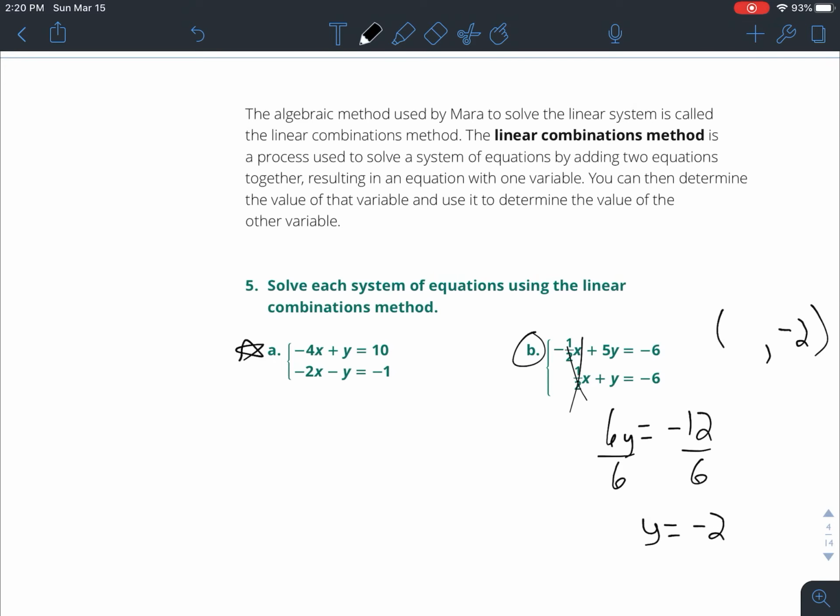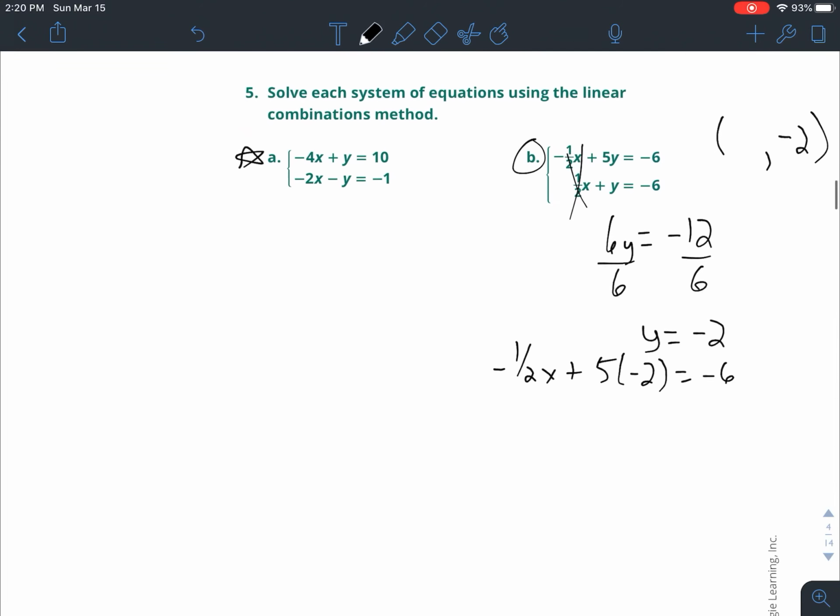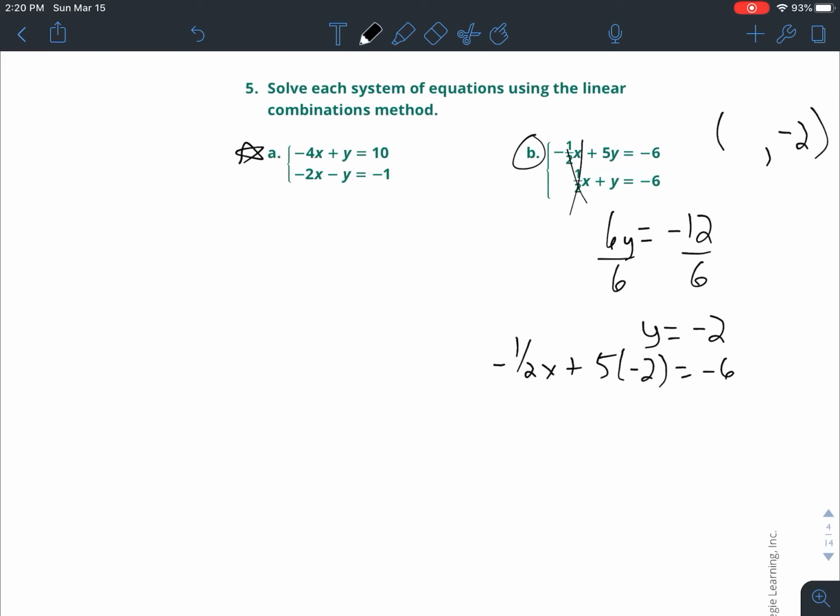If we know negative 2 is y, we'll look at the top one. We'll substitute that in. So negative 1/2 x plus 5 times negative 2 equals negative 6. We know 5 times negative 2 gives us negative 10. Put equals negative 6 here, plus negative 1/2 x.